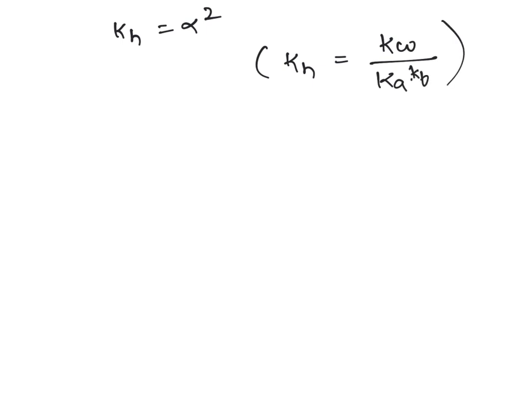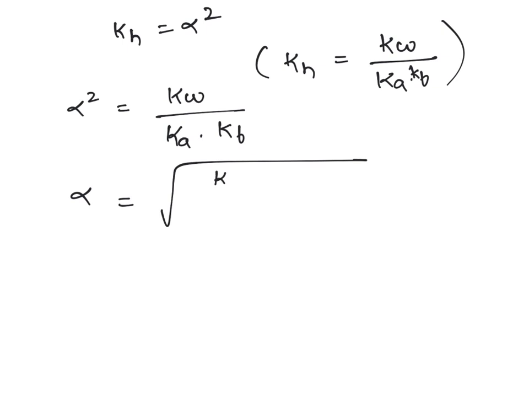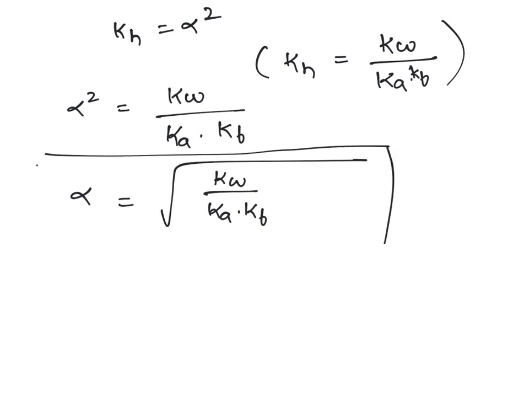I can substitute this in the formula: alpha square equal to KW by acid dissociation constant, base dissociation constant. Alpha value is equal to under root of KW by KA KB. So this is the alpha expression in terms of acid dissociation constant, base dissociation constant and ionic product of water.